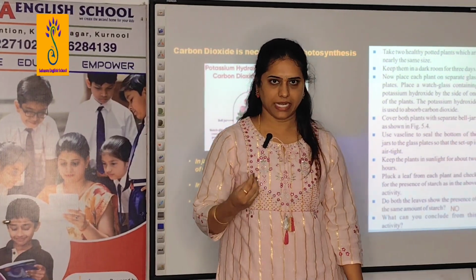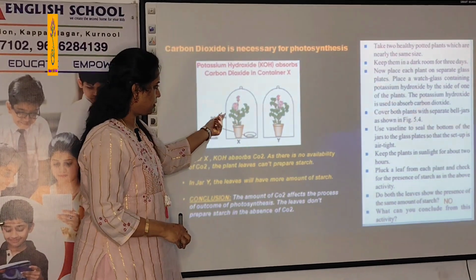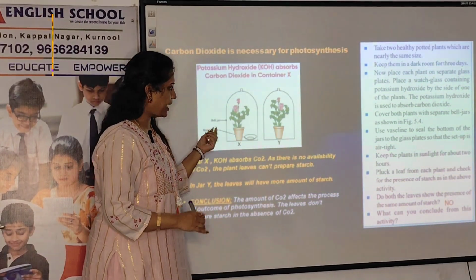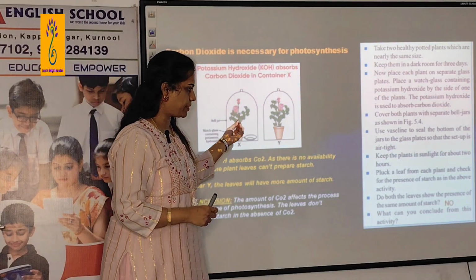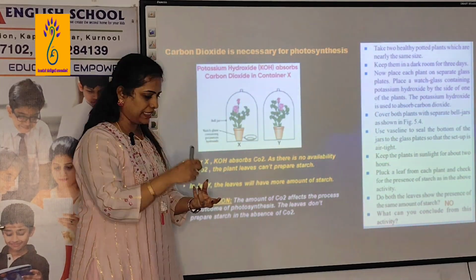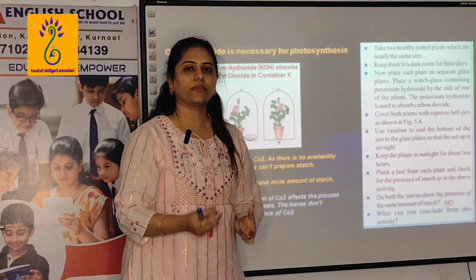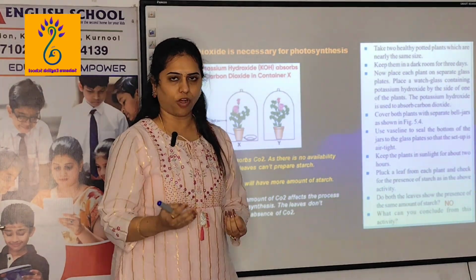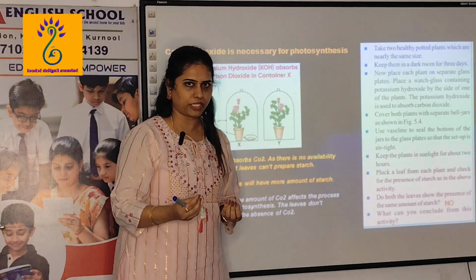That we discussed in the last class, isn't it? Now we pluck a leaf from each pot, and we dip the leaf in dilute iodine. Now we will observe for change of color. Do both leaves show the same observation?